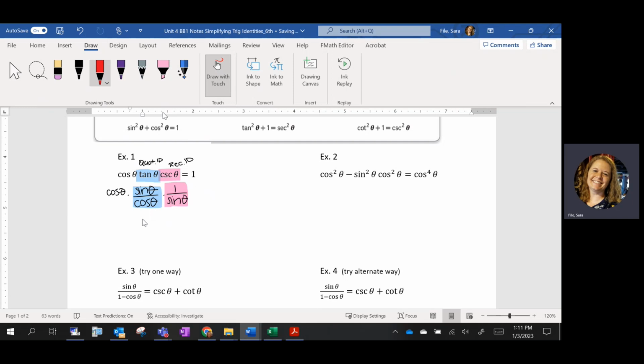And my denominator is just cosine times sine. And everything reduces. The cosines reduce, the sines reduce. I'm left with just 1. 1 times 1 times 1 is simply 1. So I have verified that this side simplifies to 1, which is what I was trying to prove.